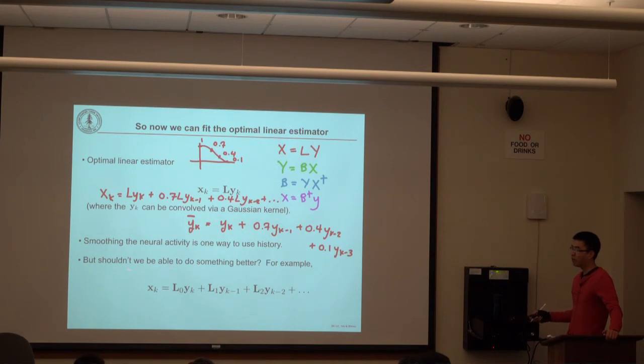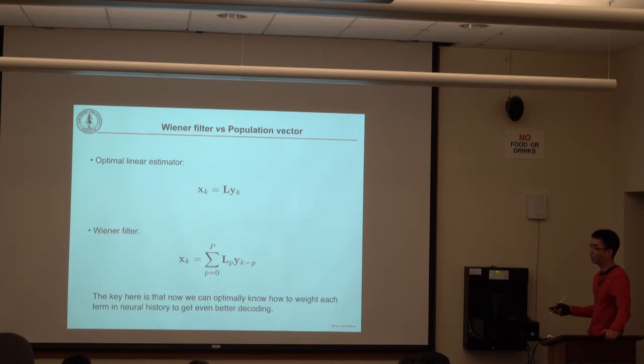And this works, as we showed. But we should be able to do something better, right? Instead of just fitting this L matrix and then downweighting it by some scalar factor, I should be able to fit some optimal L0, some optimal L1, some optimal L2, etc. This technique is called Wiener filtering.